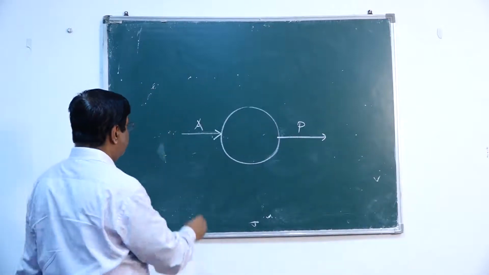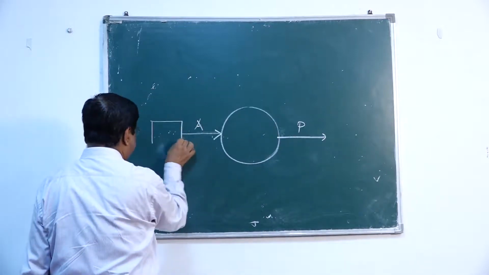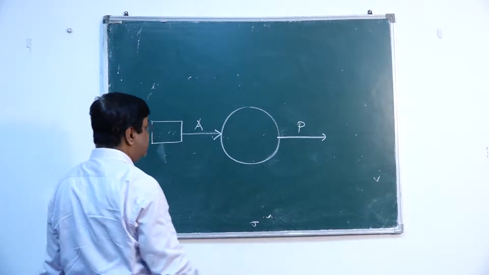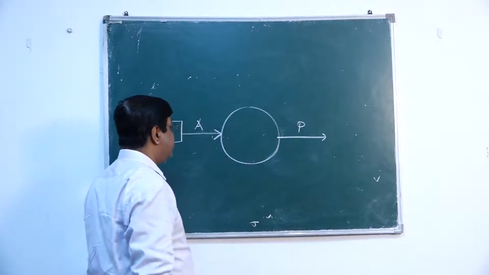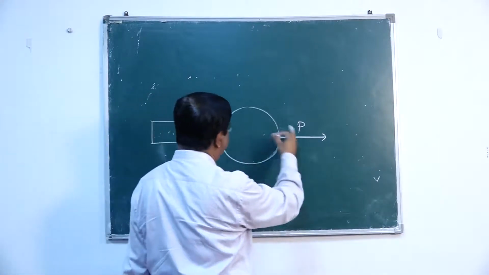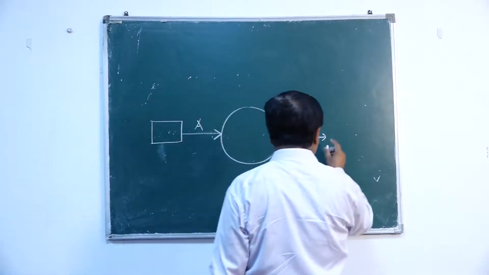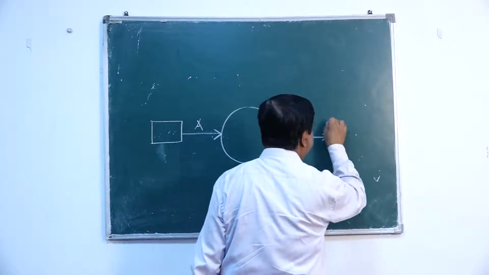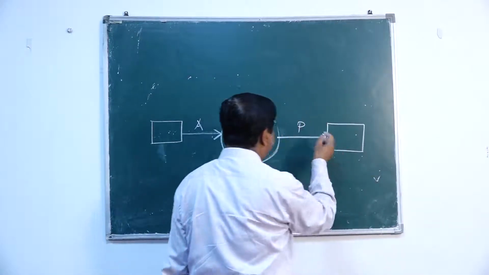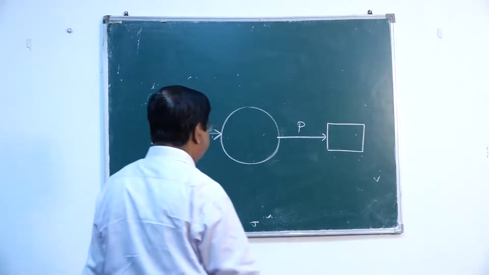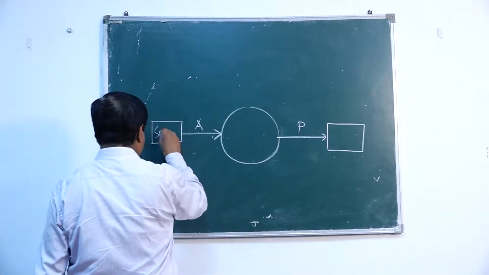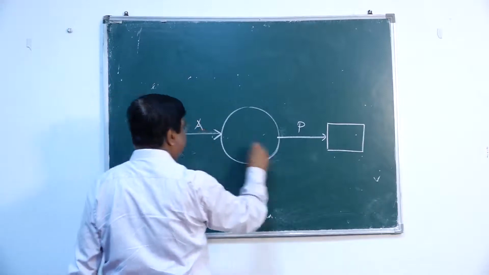DFD would show the origination of A, that is the source, and when A enters the system, how A got converted into P, and after the exit from this system, where does this P go, that is the sink.